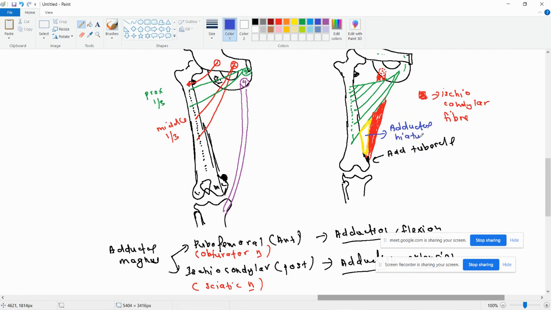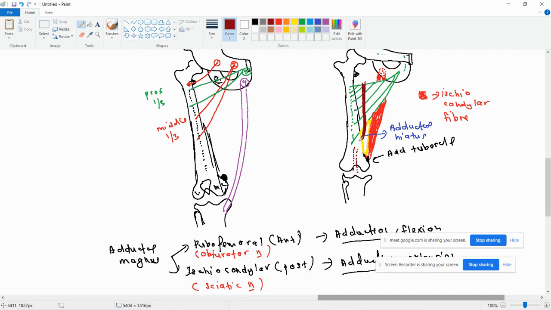The adductor hiatus is very, very important because it becomes the pathway for one artery. This artery enters your adductor hiatus from anterior, and then you can imagine this artery now becomes posterior to your knee joint, class, right?